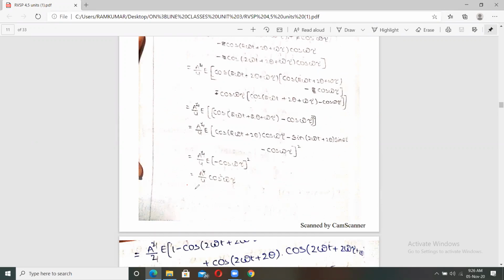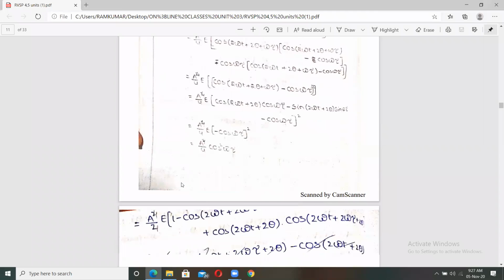Then we get A square by 4 into cos square omega tau, which is a function of tau, not a function of t. Then the second condition is also satisfied.